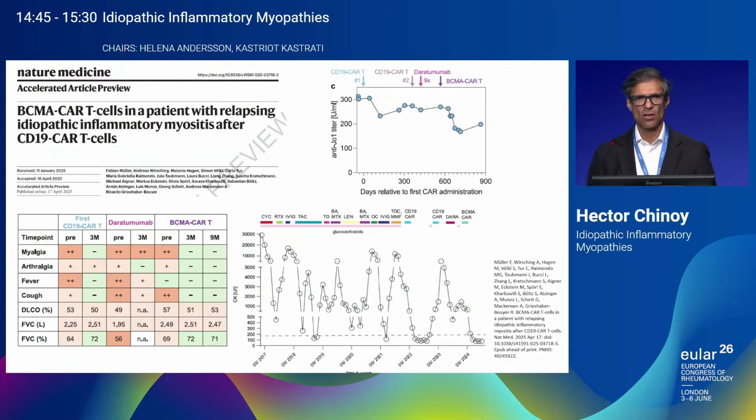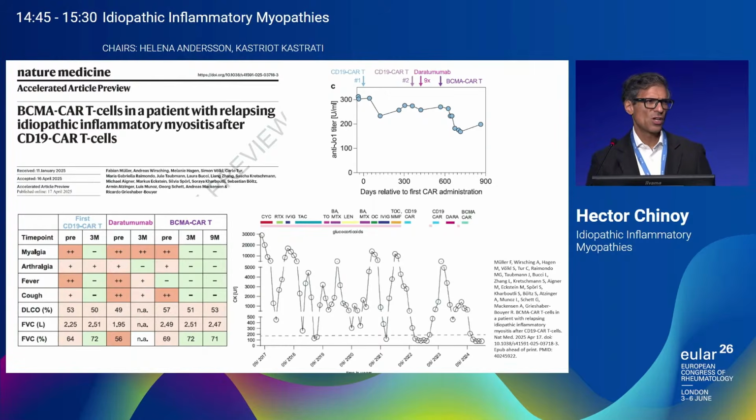They received a second lot of CD19 CAR T. Then they relapsed, they received daratumumab. And then they decided to go further down the B-cell lineage, and the patient received BCMA CAR T. And the patient did respond and go into remission.